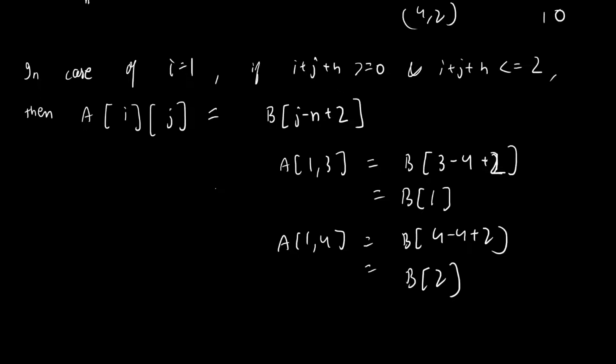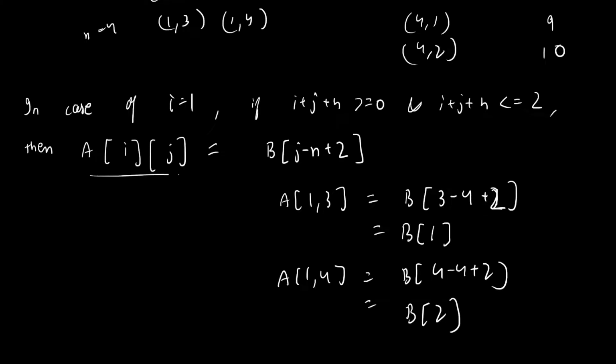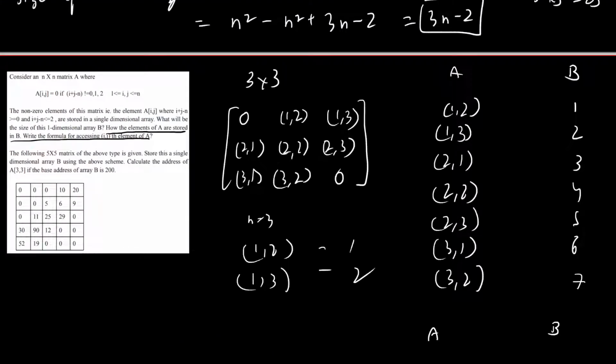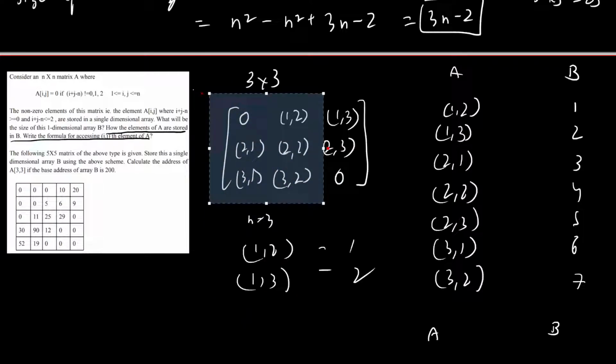Now, for 4 cross 4 matrix, this is satisfied. We also have to check for 3 cross 3 matrix as well, whether this formula holds true or not. So 3 cross 3 matrix, this is over here. I will be copying the entire table.